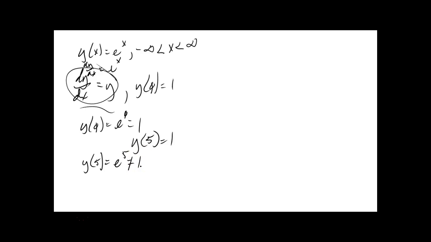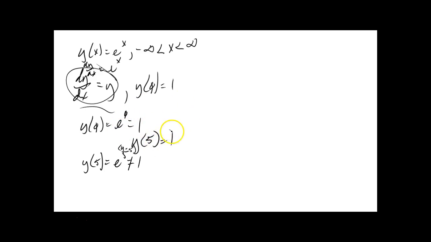So if that has to be 1, then what you have to do is make it x minus 5. You see? Then if you plug in a 5, you get a 0 here, and that will make it 1.